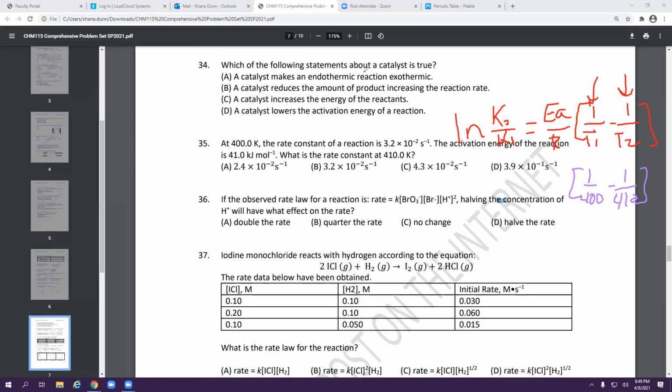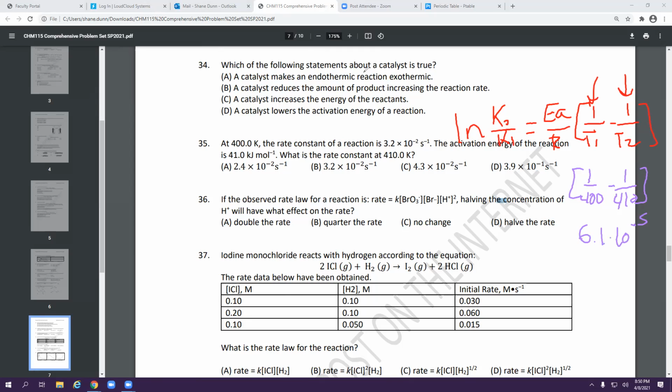Also, it kind of has to be the bigger one first because you can't get a negative K value, right? So I got 6.1 times 10 to the negative fifth. Okay. EA is 41 kilojoules.